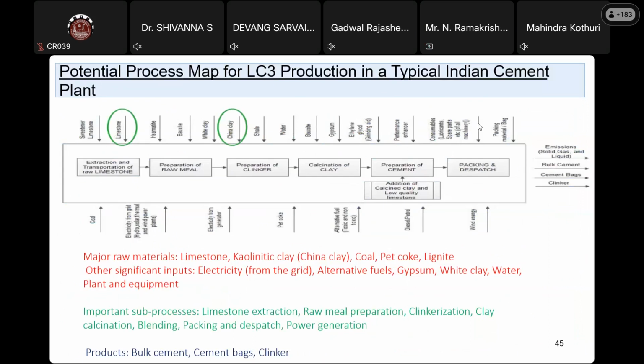This type of energies will be there. The process includes extraction, transportation, preparation of raw material, preparation of clinker, calcination of clay, preparation of cement, and here you add the limestone and clay, then packing and dispatching, of course bulk cement and cement bags, and clinkers as well.